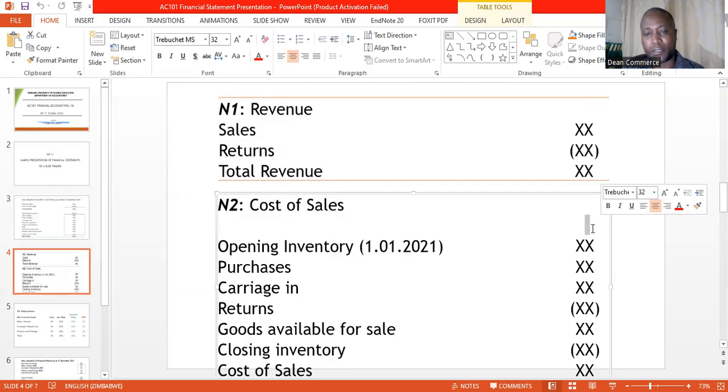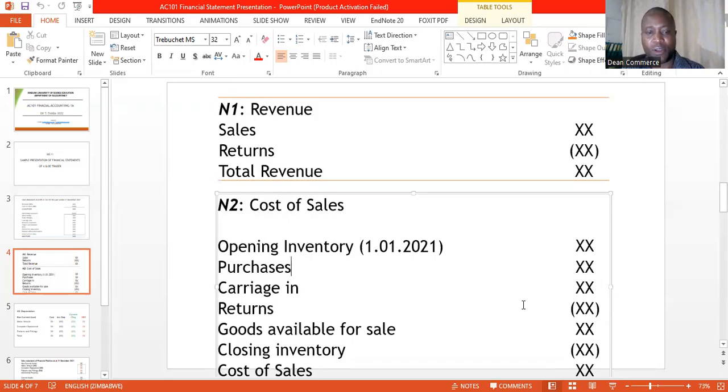So at the beginning of the period, we had a certain amount of goods, and then we buy more goods. And when we buy more goods, it means that the goods we had at the beginning of the period, we plus the goods that we have purchased, then we also include the cost of bringing those goods to our warehouse, which is carriage inwards.